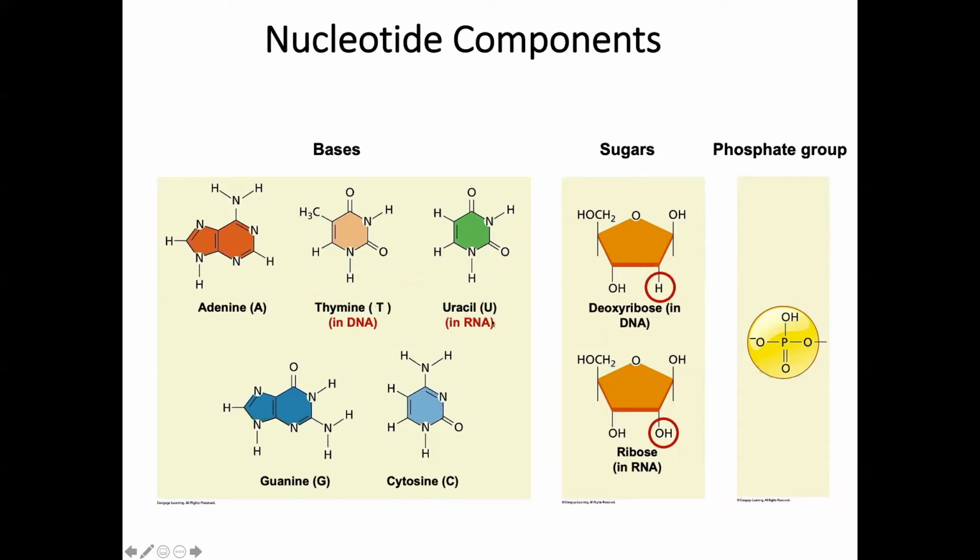In RNA, it has a uracil instead of a thymine. For the sugars, in DNA you have deoxyribose, but in RNA it has ribose. So this group is different. Pay attention to that. And then they both have the phosphate group.